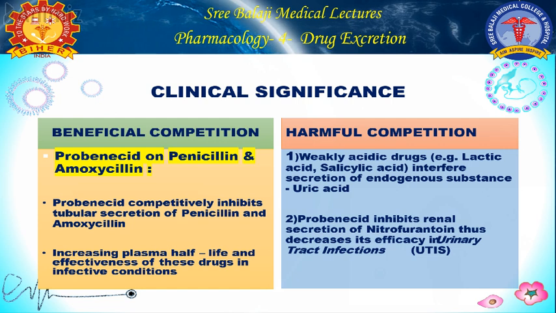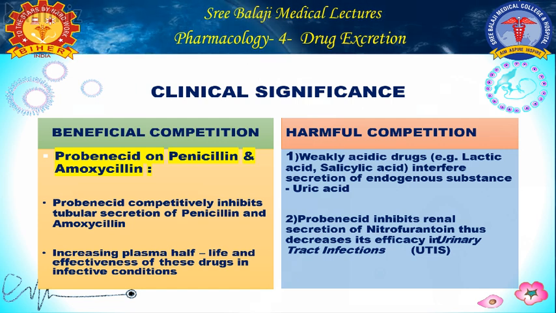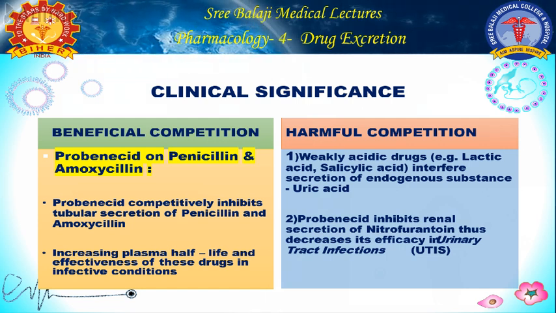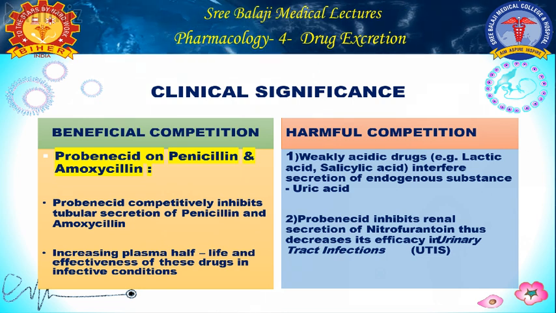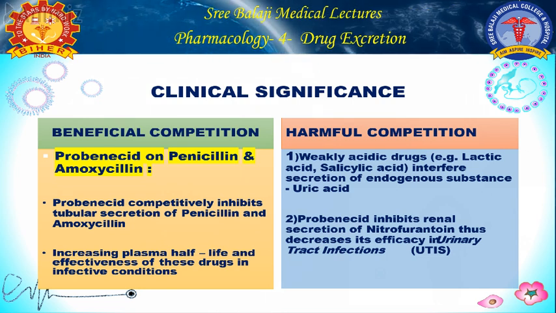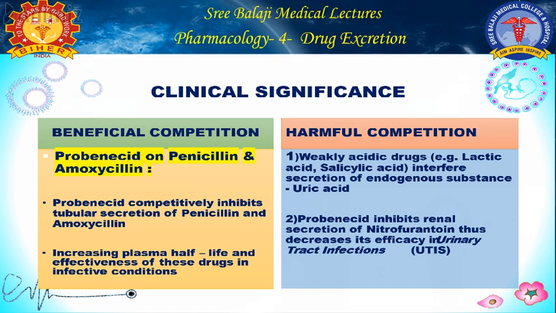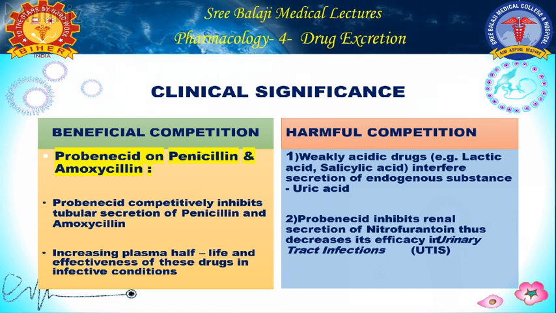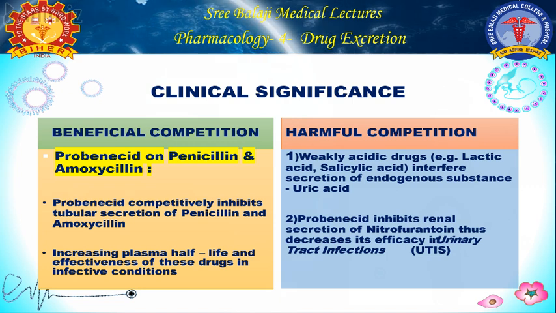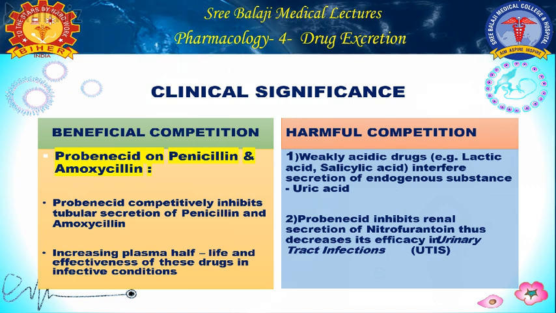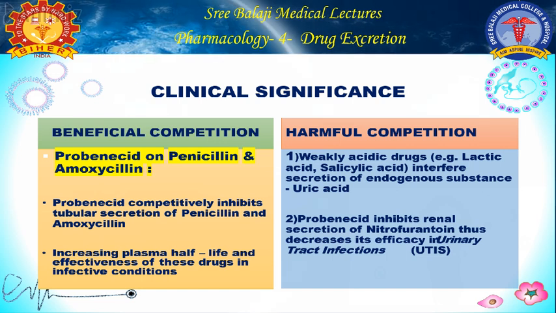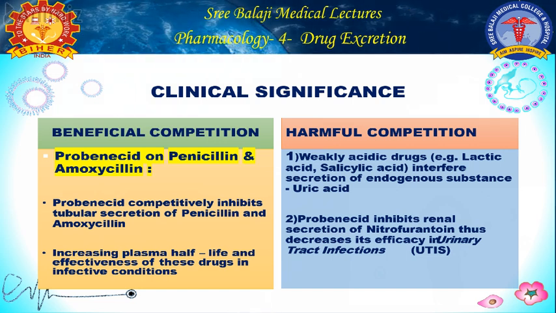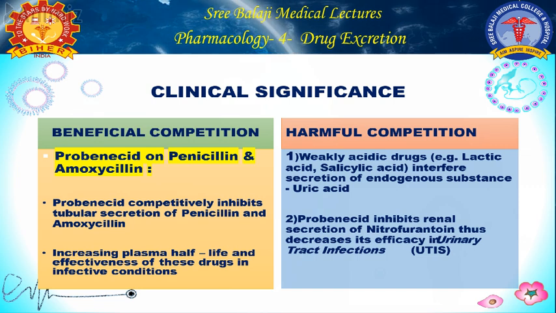A second example is that probenecid inhibits the renal secretion of nitrofurantoin. Nitrofurantoin is a urinary antiseptic which is helpful in case of UTI and is going to get concentrated in the renal system. Then it is going to act there and prevent the infection. Now probenecid is going to inhibit the secretion of nitrofurantoin, so nitrofurantoin cannot go to its target site.